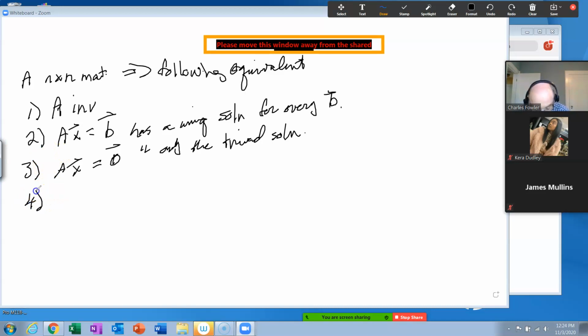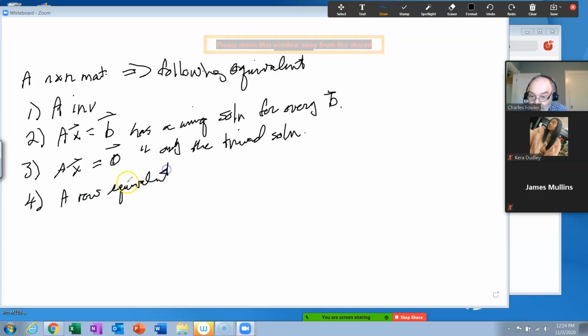Number 4. A is row equivalent to I_n. Yeah, because that's how we find the inverse. If A is invertible, you just do the row equivalence and you'll come up with the identity matrix of that size.